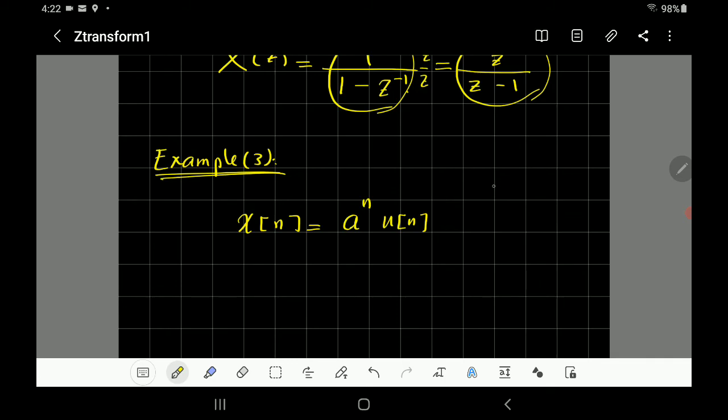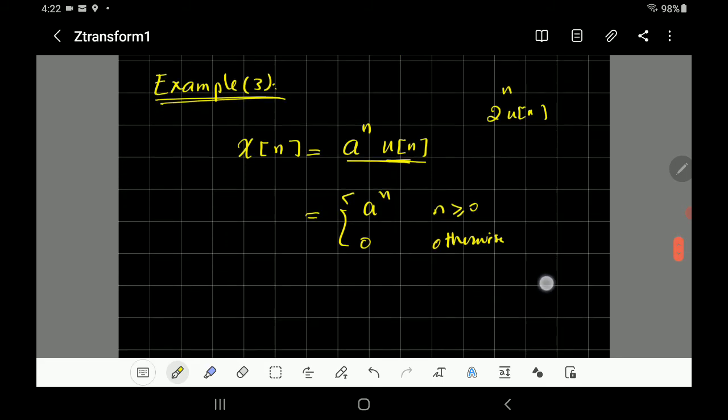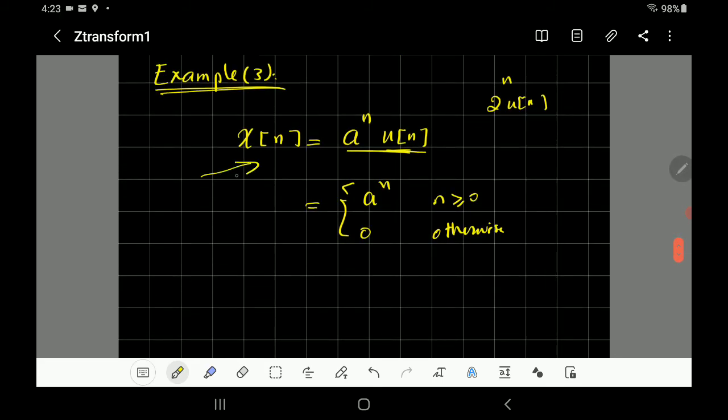For example, you may be asked to find this one. Remember, when you attach u[n] to any function, it means it will be valid only when n is greater than or equal to 0, and 0 otherwise. So anytime you find u[n] attached to a function, it means defining the range of n. That's all.